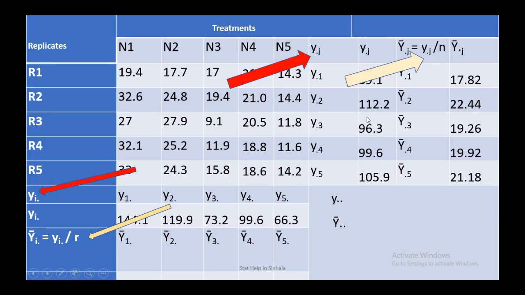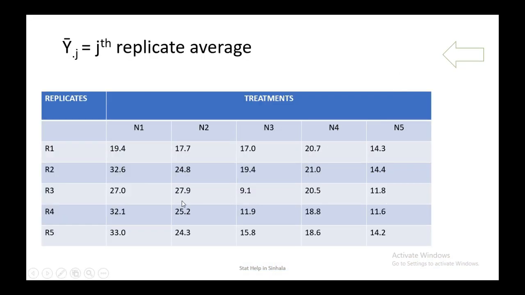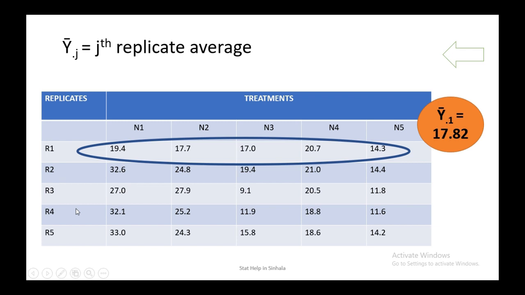Then the next one is Y dot j bar. Y dot j bar means the average of the jth replicate. As an example, we can have Y dot 1 bar.